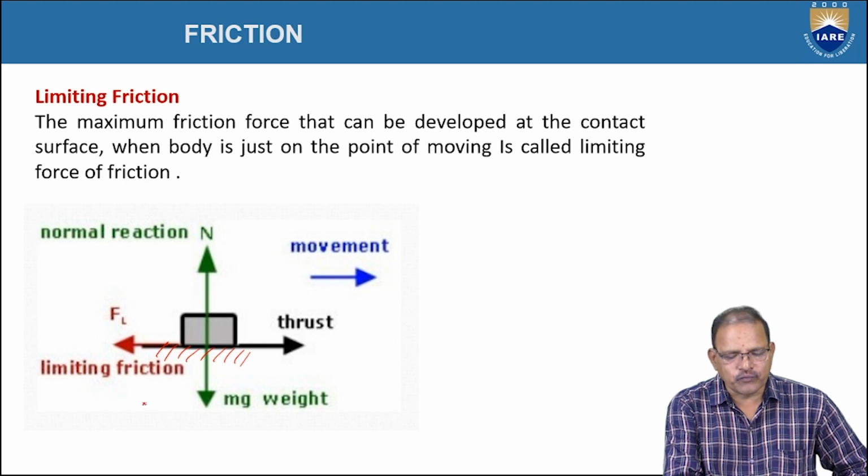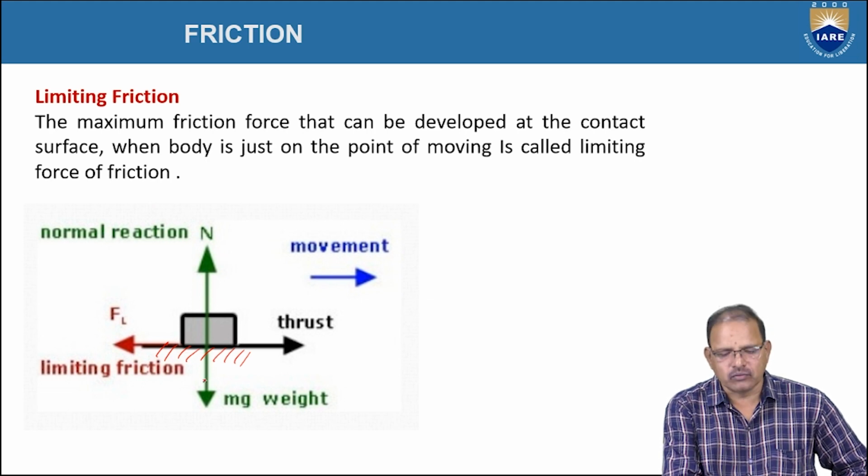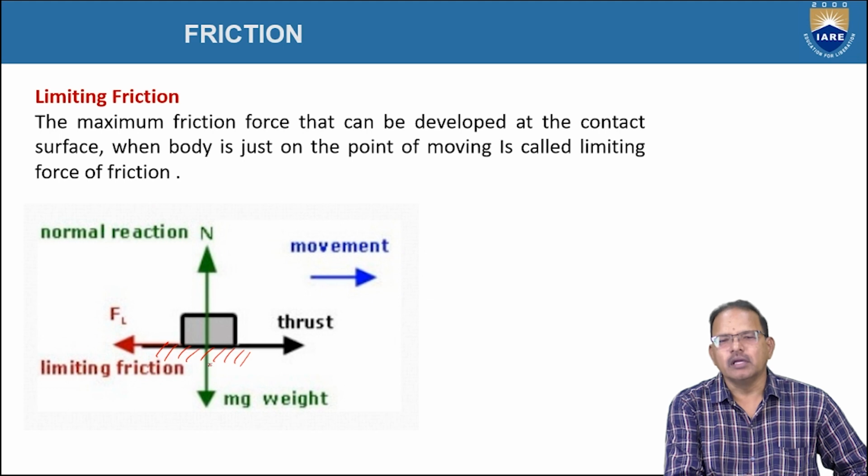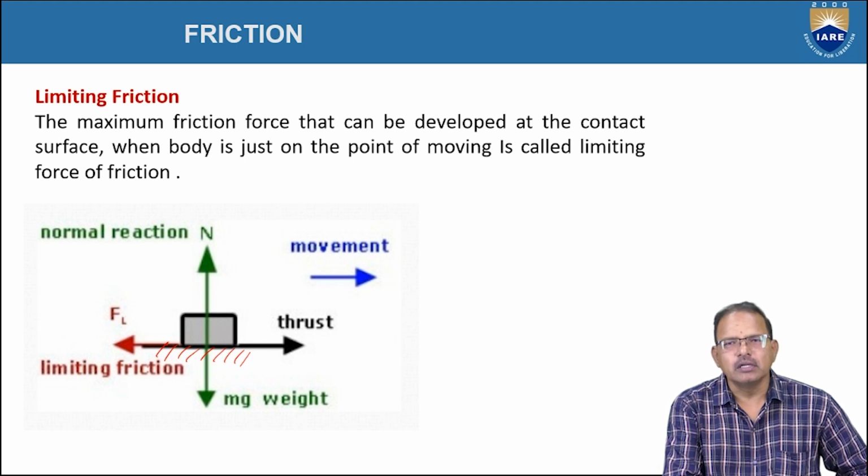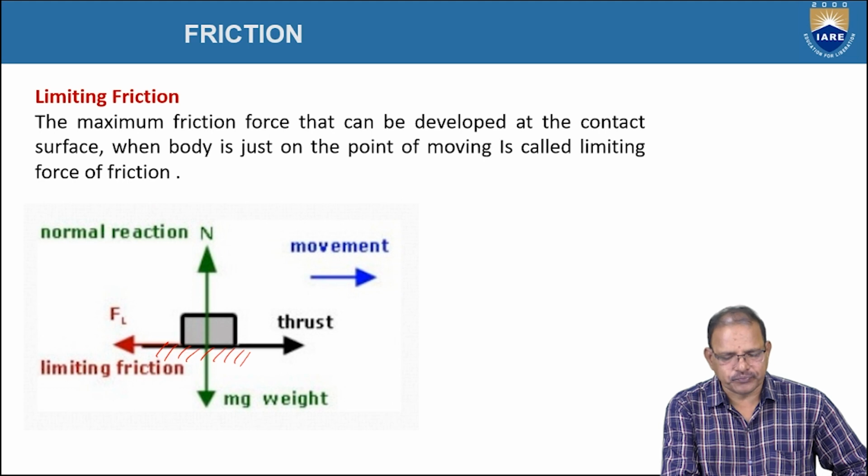Hence, the force which is acting in the opposite direction is treated as the normal reaction. The weight is acting in the downward direction. Here, the force is applied to move the body toward the right hand side. Hence, the friction force is acting toward the left side as shown in figure.